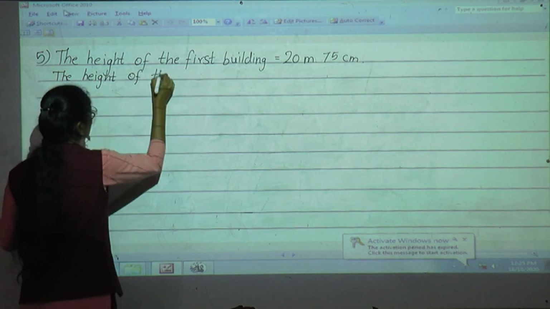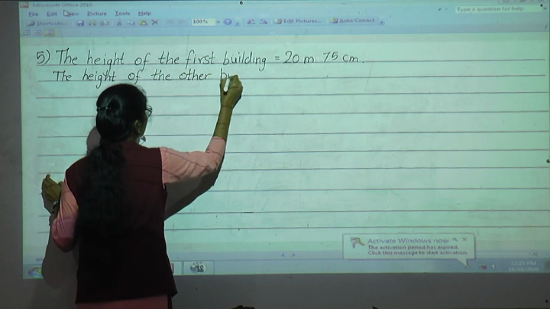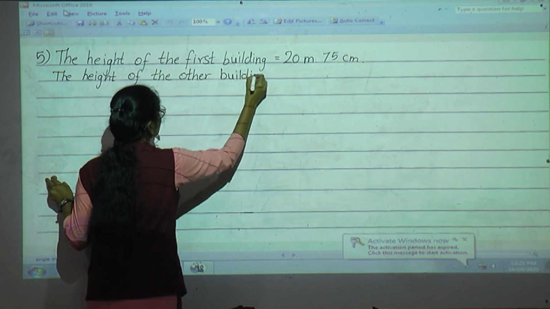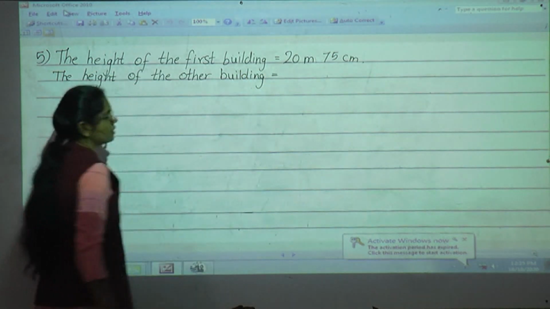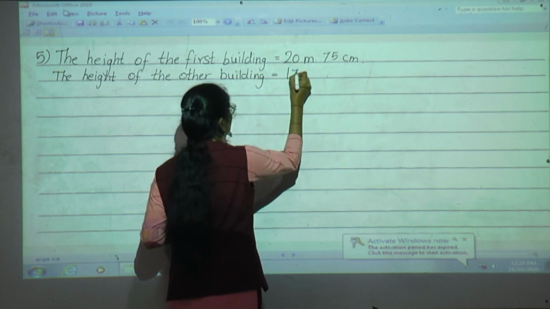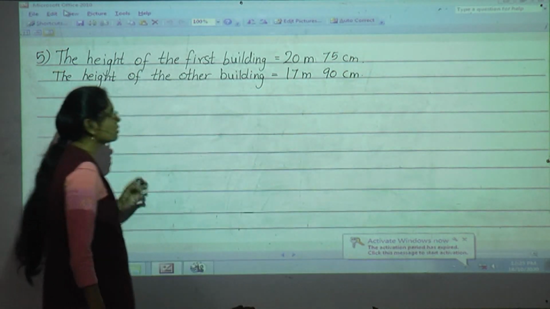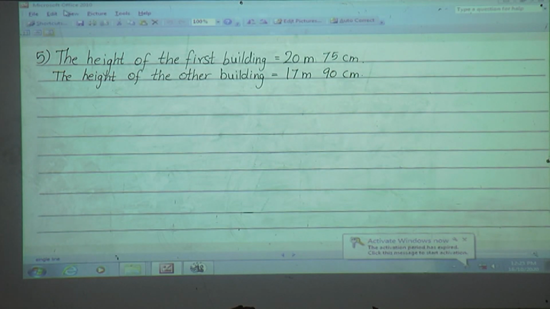Height of the other building is, yes, 17 meter 90 centimeter. Now here we have to find out the difference between the heights of the two buildings.